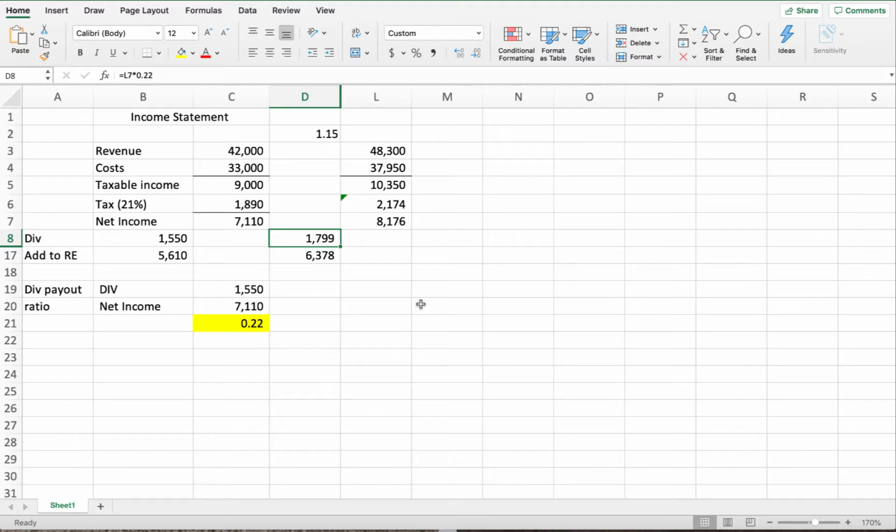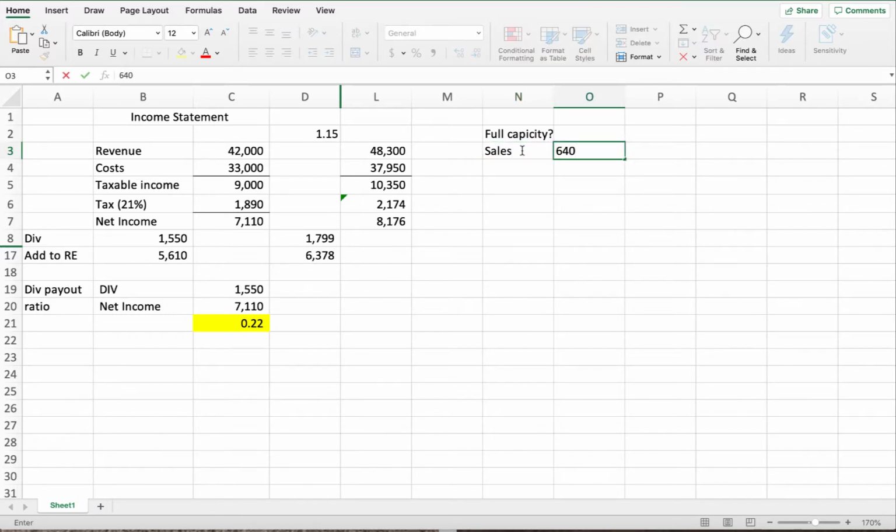So Hotchkiss, yeah, they want to figure out what our capacity is. We need to figure out full capacity. What is full capacity for this one? We know that our sales currently are $640,000. That's at operating our fixed assets at 0.78, or 78%.